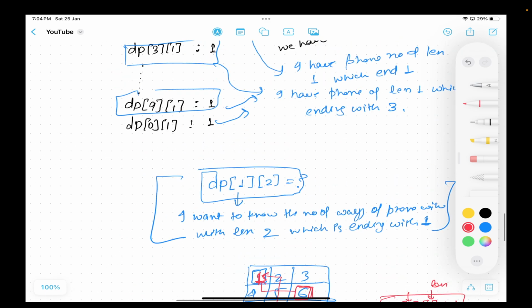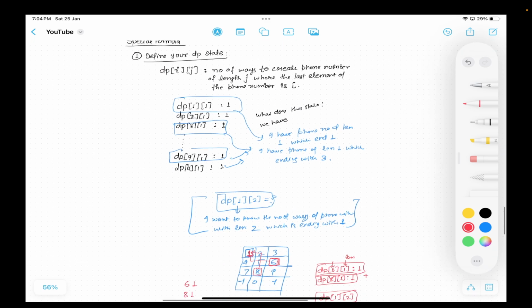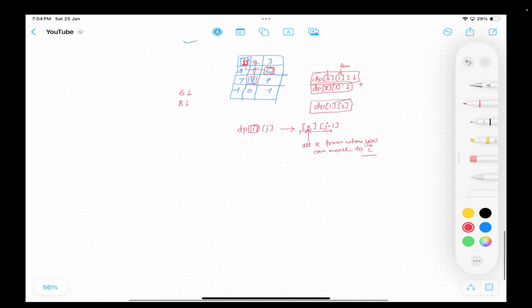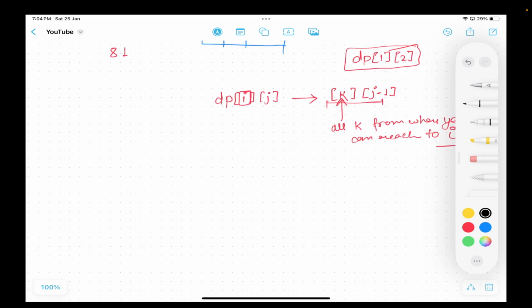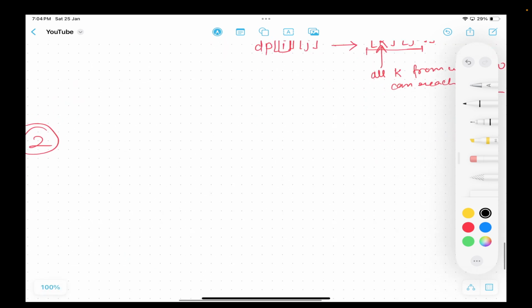So we got our first step, how we define our state. Now the second thing we always do is solving smaller problems. In this case the smaller problem is the length 1 problem.